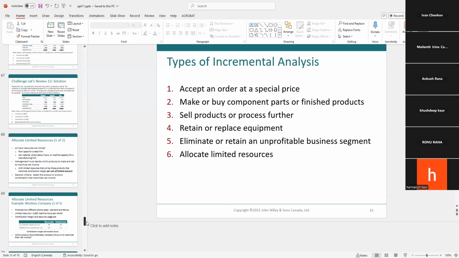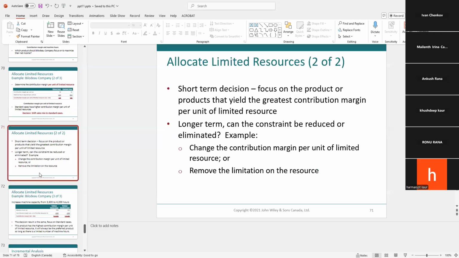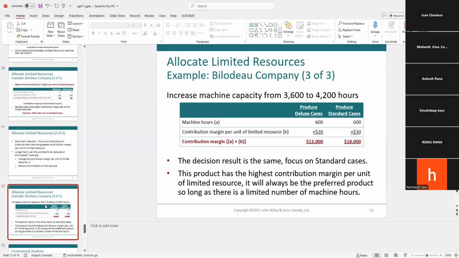That depends on the decision. Here, when we change the constraint, even though we increase the hours, our most profitable product still remains the standard case, because it generates more contribution margin per hour.